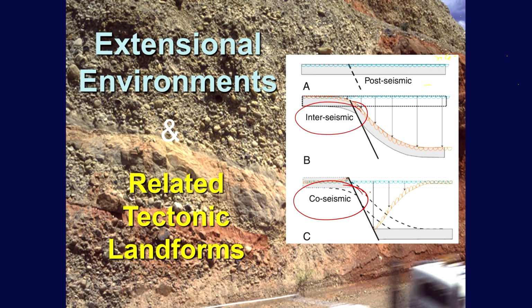So, a sudden movement will be termed as co-seismic displacement, and this co-seismic displacement will always be associated with earthquakes. Because the earthquake process, as we have discussed, is a sudden release of the stored energy.